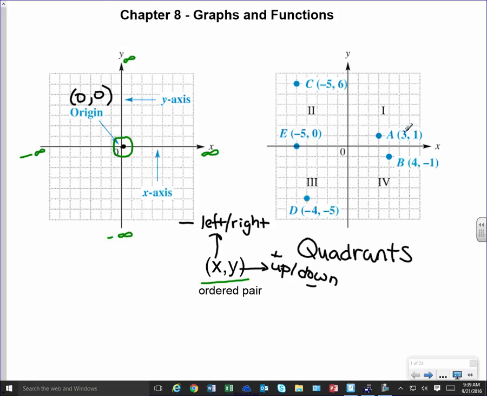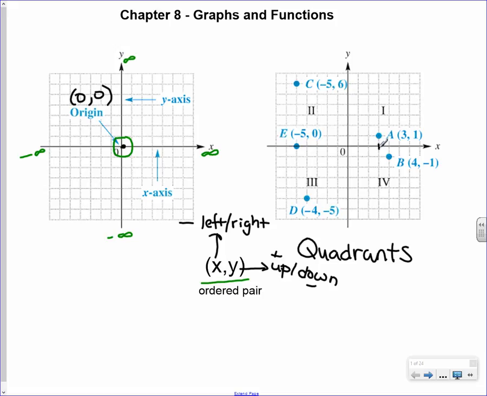The x is 3, so we're going on the horizontal axis, 3 spaces, 1, 2, 3. Here we are at 3. Then the y value is a positive 1, so we go up 1. And that's how we end up at that point, which is at 3, 1.